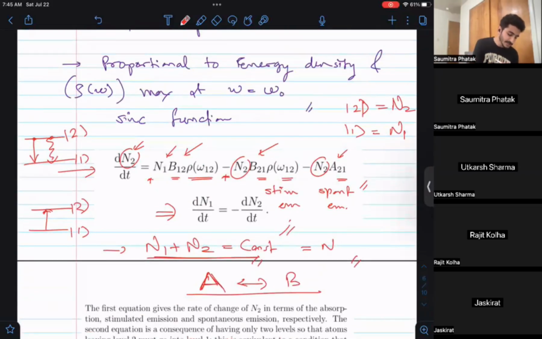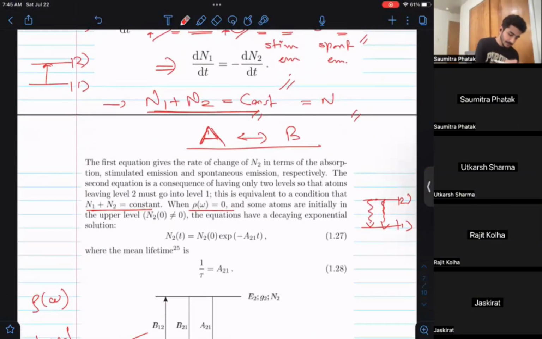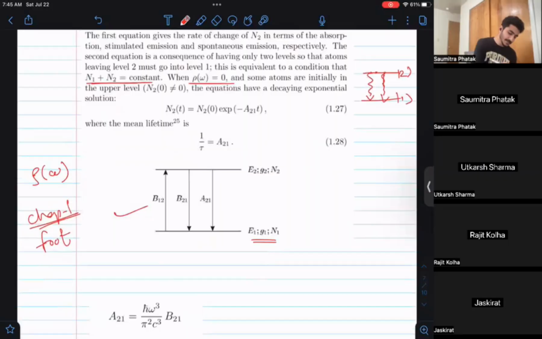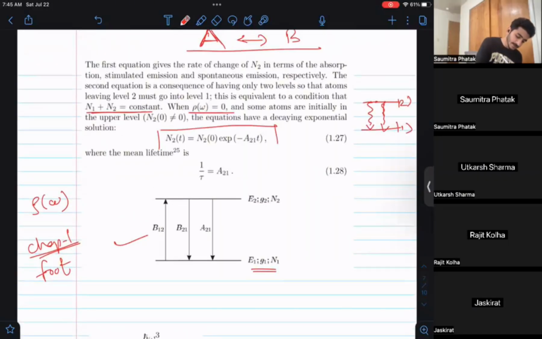If you have no laser incident on the system, the first and the second terms will just go away. And this expression combined with the second expression directly gives you that this has to be an exponential decay. The population in the excited state has to decay exponentially and come down to the first state.